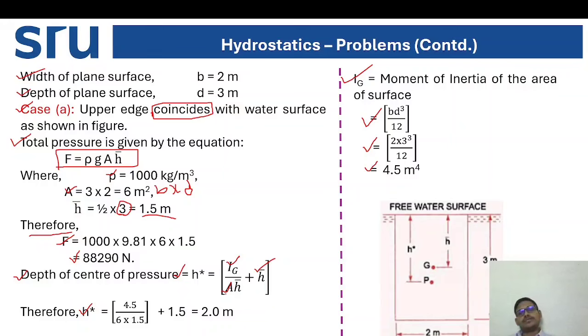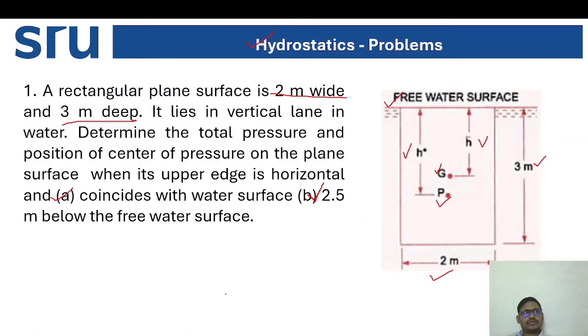Already we know Ig is the moment of inertia, that is b d cube by 12. So 2 into 3 cube by 12, that is 4.5 meter to the power 4. That is equal to 4.5 by 6 into 1.5 plus 1.5, that is equal to 2 meters.